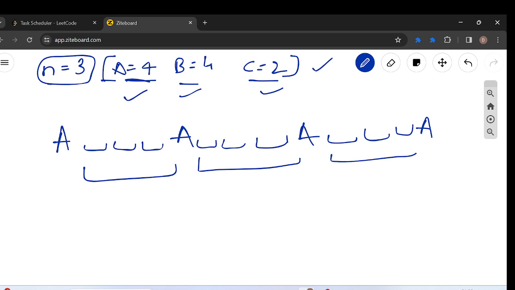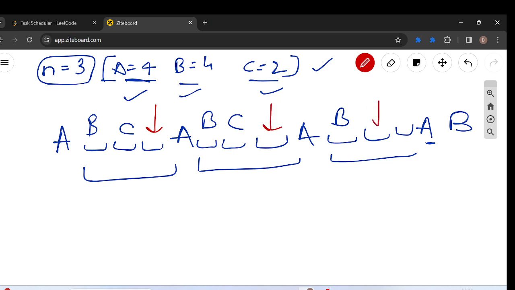A's we have placed, now it's the turn of B. There are 4 B's: 1 B here, 1 B here, 1 B here, and the fourth B will go after this A B. Then we have to place 2 C's. We can place them anywhere, but if we place them in these available spaces we get the minimum time. So we place C here and here, and all these places marked in red are idle.